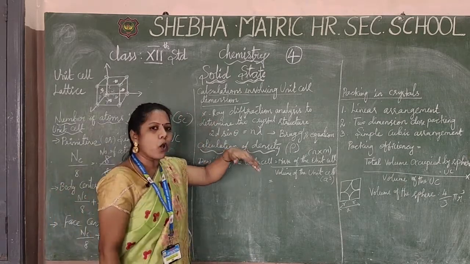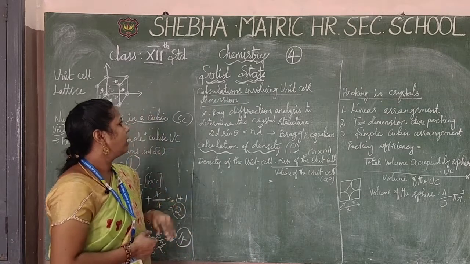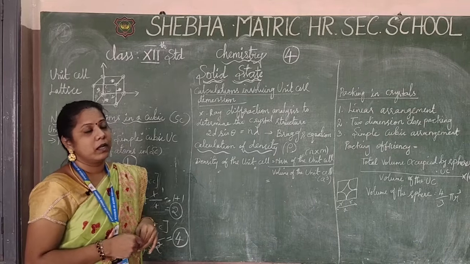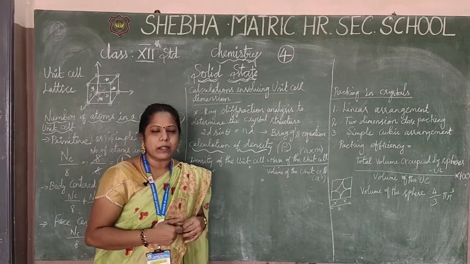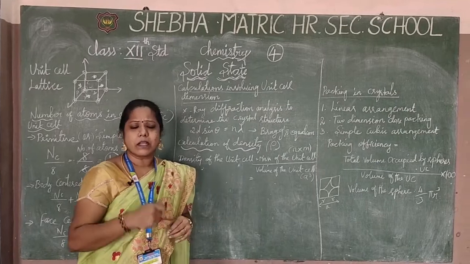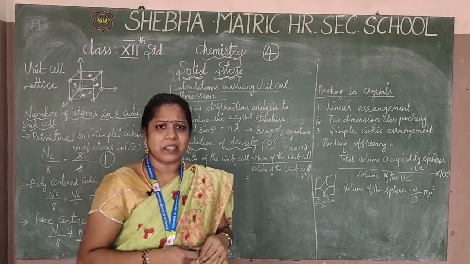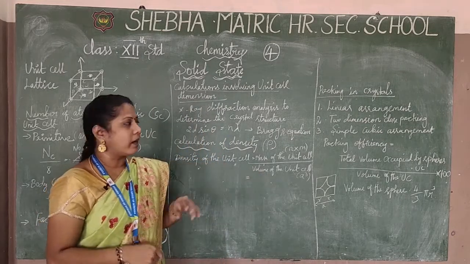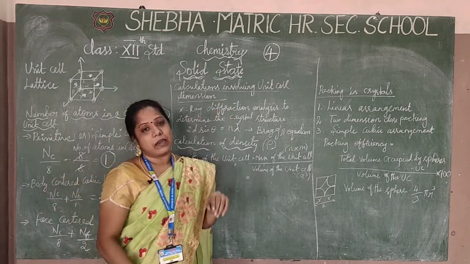Then go for the next concept: calculations involving unit cell dimensions. Some calculations use the unit dimensions of these crystal structures. To see the crystal structure clearly, you can use X-ray diffraction analysis.